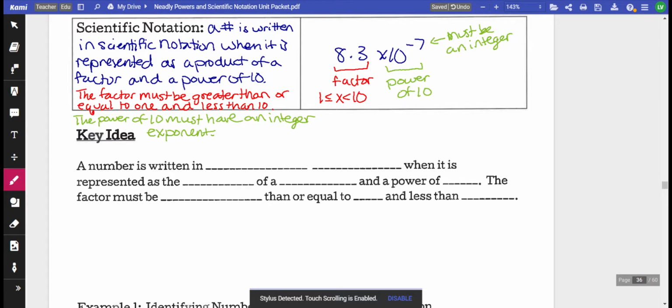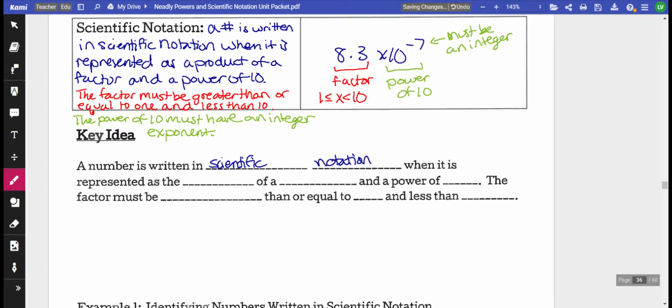A number is written in scientific notation when it is represented as the product of a factor and a power of 10.